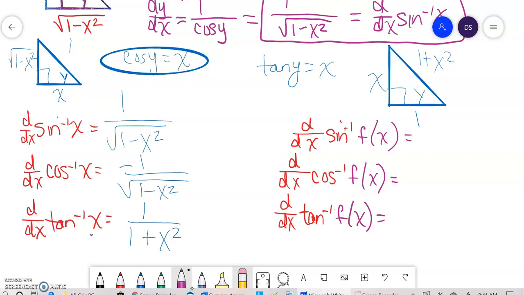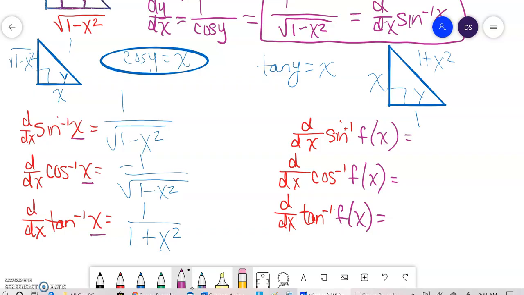So this is a very basic derivative because the derivative of x is 1. There's no composition of functions like we would apply a chain rule. But a lot of times at the AP level, you are actually going to get a chain rule within an inverse trig derivative. And they're actually not that bad.